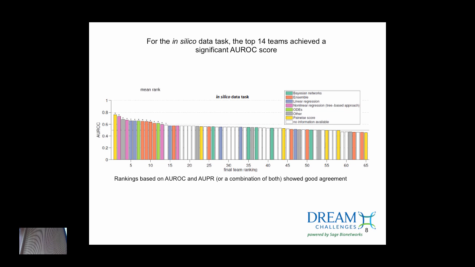So this is just a brief example from the actual challenge, to see all the different kinds of approaches shown here. There were 65 submissions in the challenge, and each of the colors is a different method. You see that how well the methods fared is not really clustered by the kinds of methods, and the best method had an area under the receiver operating characteristic of 0.8.